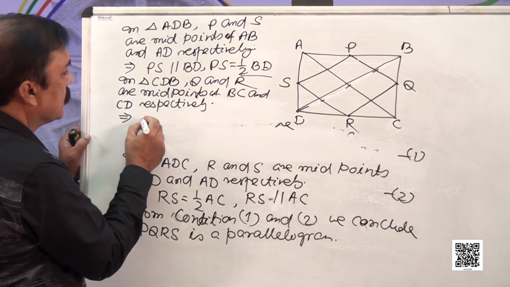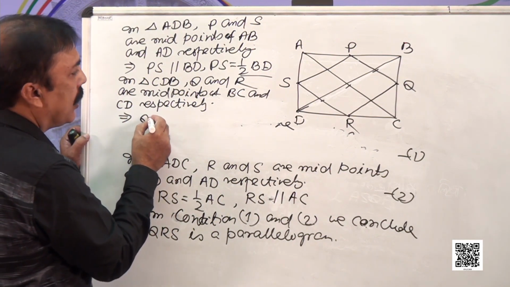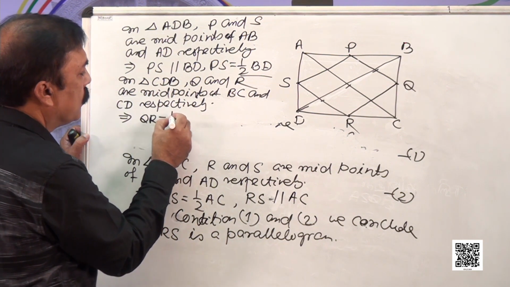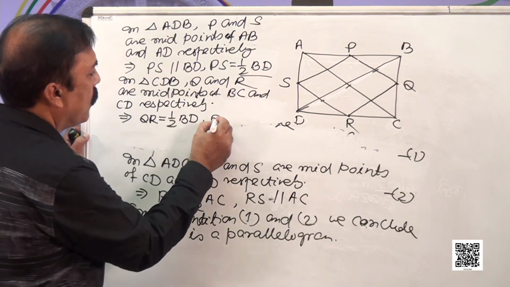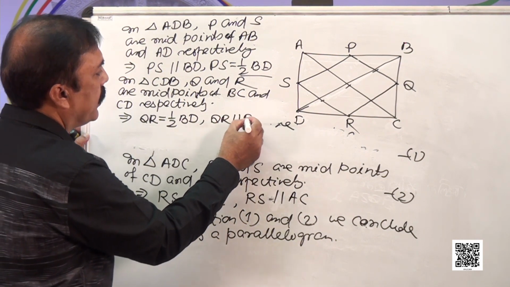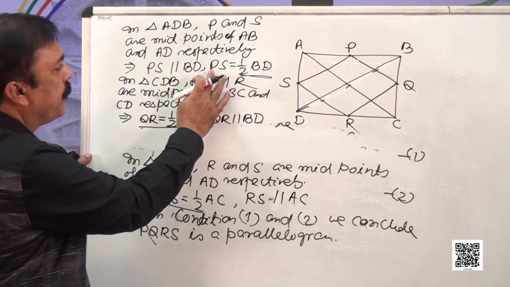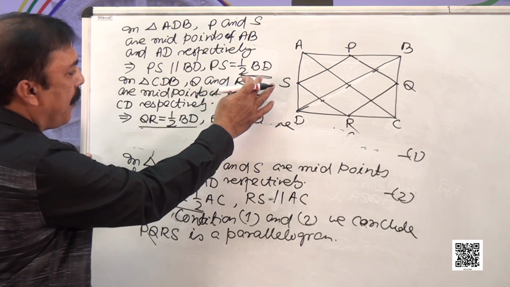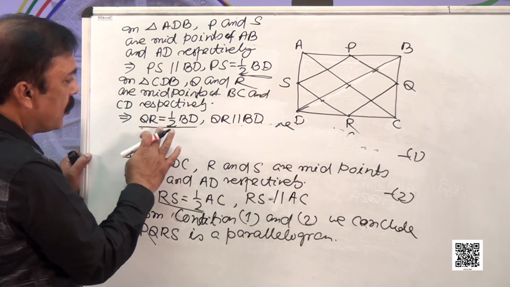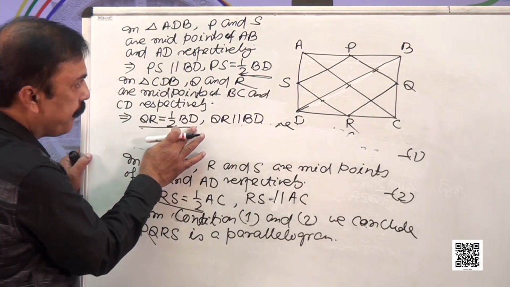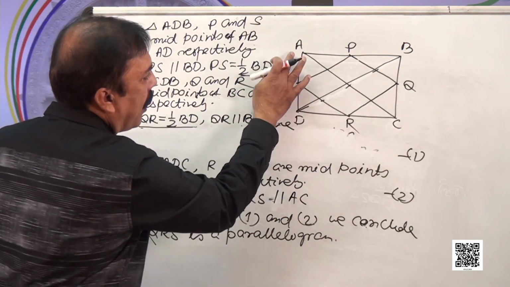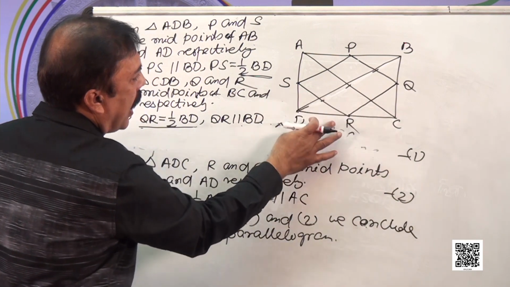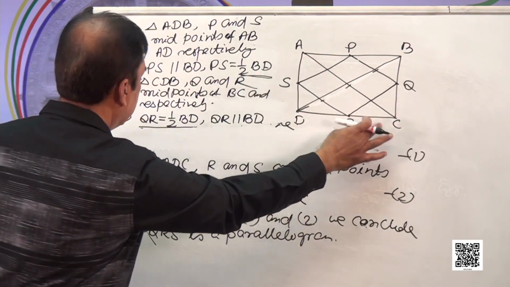This shows that QR is equal to half BD and QR is parallel to BD. PS is equal to half BD, QR is equal to half BD. Here PQ is equal to half AC and RS is equal to half AC.